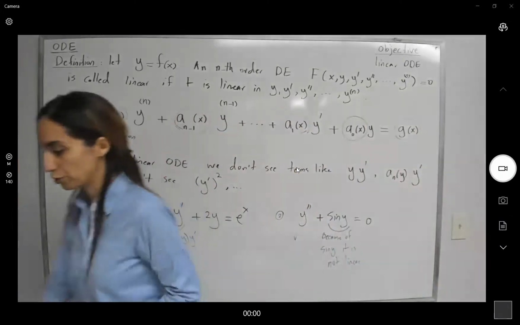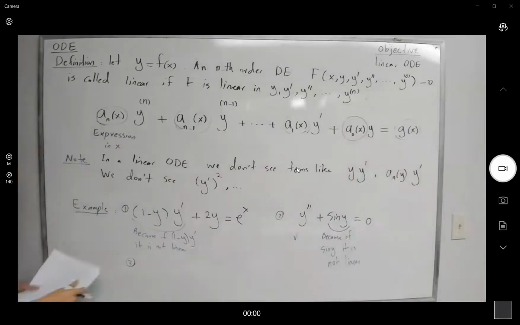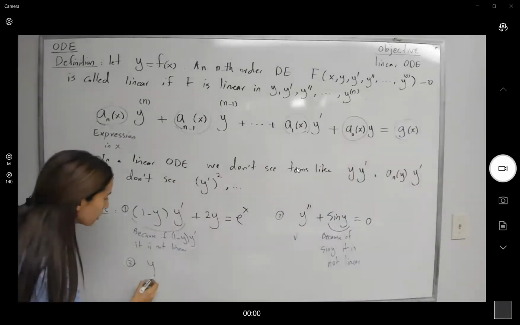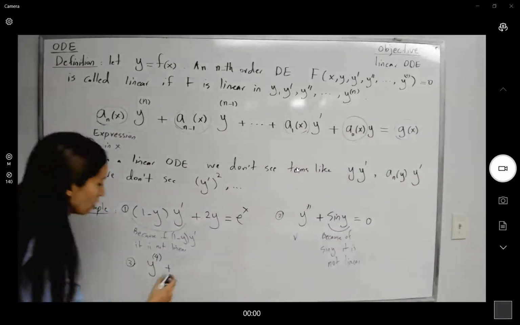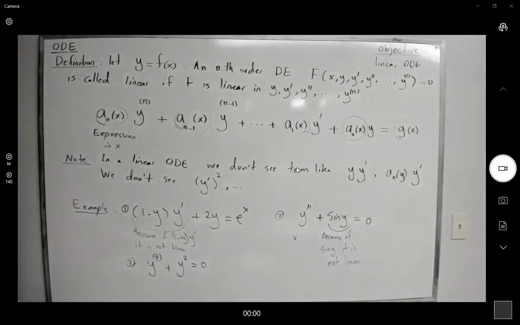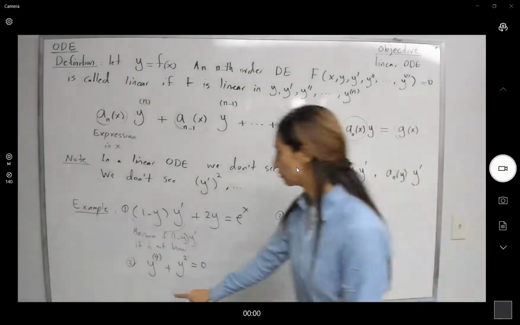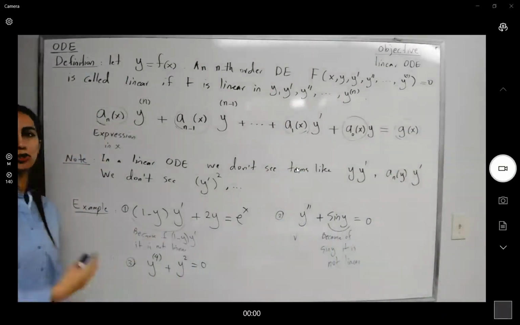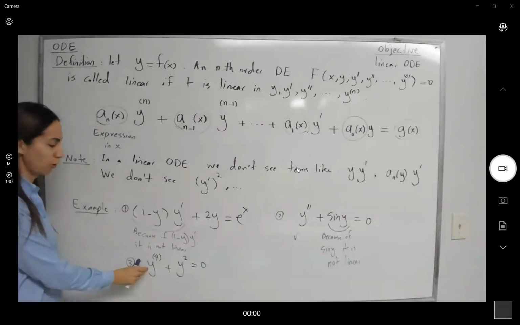Another example for you. Number 3. Here we have the fourth derivative of y plus y squared equal to 0. So the first term is good. It's just the fourth derivative of y, and the expression multiplied by it is just 1.